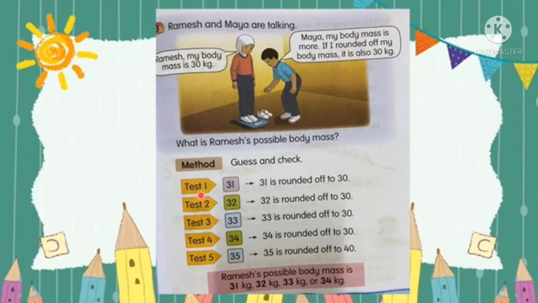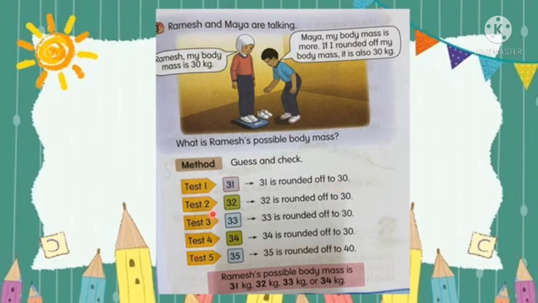Since Ramesh said that if he rounds off his body mass, it's also 30 kilo, we start with 31. So let's round off 31. When we round off 31, it becomes 30.